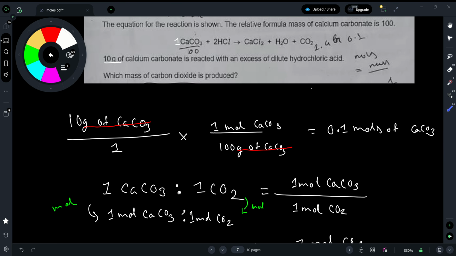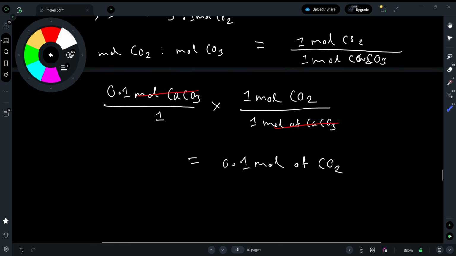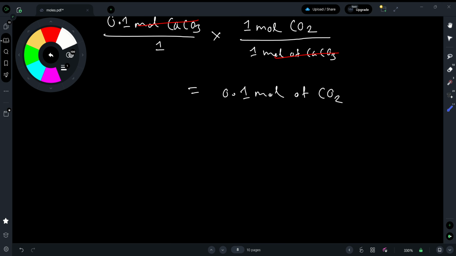Now the question asks, what is the mass of carbon dioxide produced? To find the mass, again, we use the molar mass. We have 0.1 mole of CO2, and we'll multiply it by the molar mass of carbon dioxide.